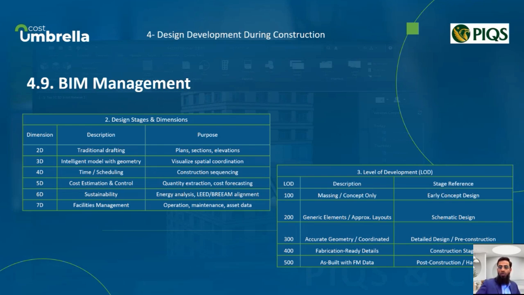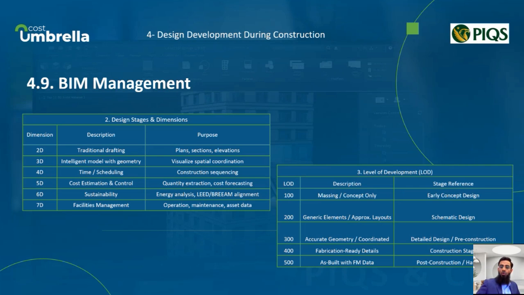Instead of working in isolated 2D drawings, BIM enables architects, engineers, and contractors to build and manage digital 3D models packed with information. These models evolve from simple massing in early concept stages to highly detailed and coordinated construction-ready outputs.